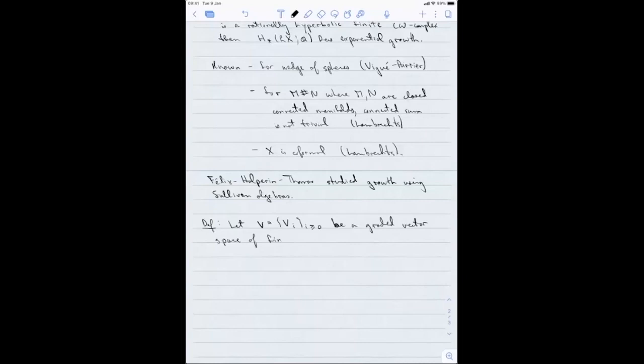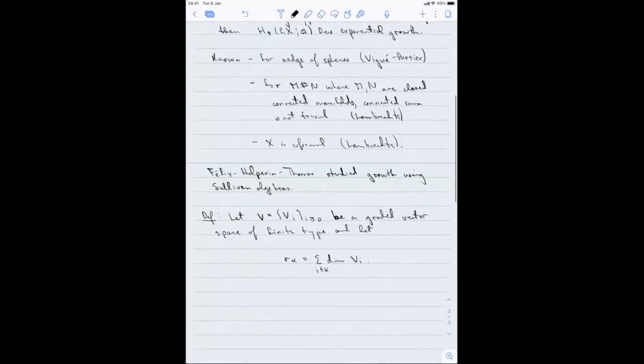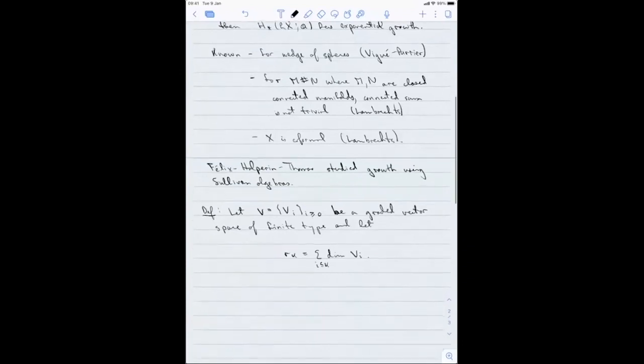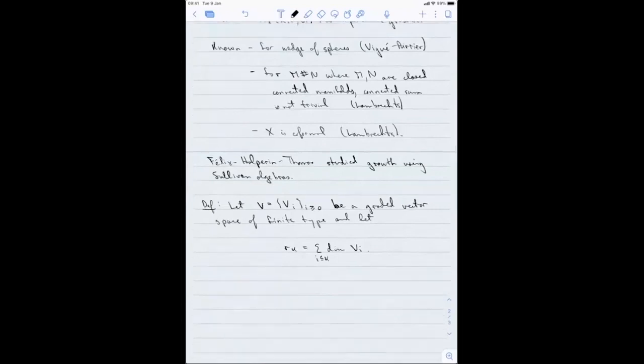It has finite type. And let R_k equal the sum of the dimensions of the V_i's for all i less than or equal to k. So you're looking at the accumulated growth of the generating summands within the V_i's.